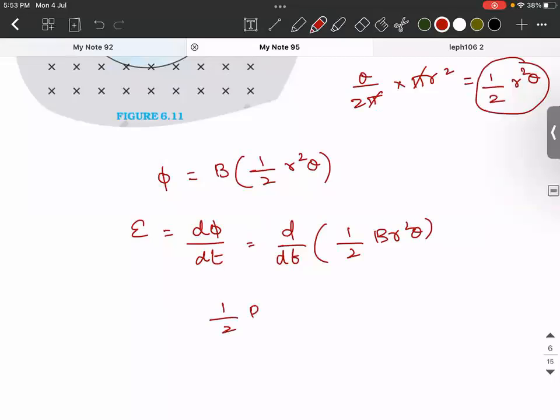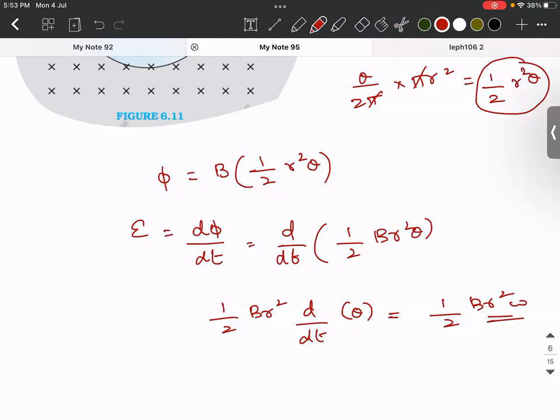Half B r square, if I take out, d by dt of theta is how much? Half into B r square into omega. Because rate of change of angular displacement is angular velocity. So half into B r square omega will be the answer. So this is the value of EMF.